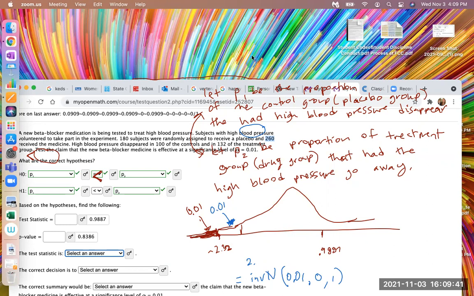So -2.32 is a cutoff value along the x-axis. Any value that's further to the left on the number line would cause us to have a p-value that we would reject, because the p-value is going to be an area smaller than the red region.